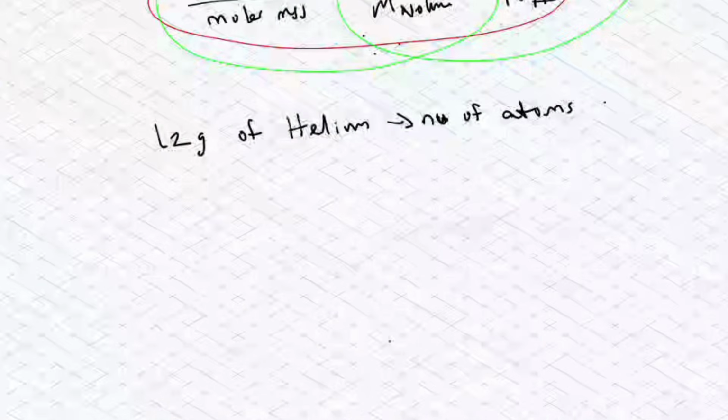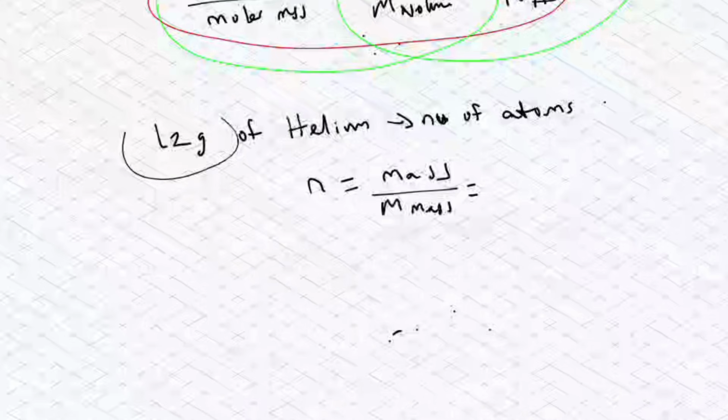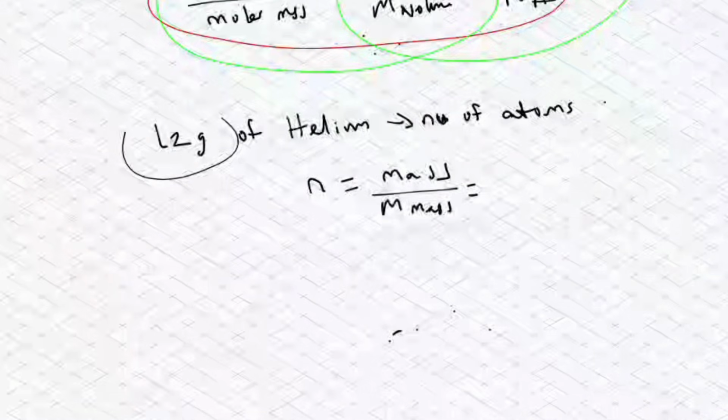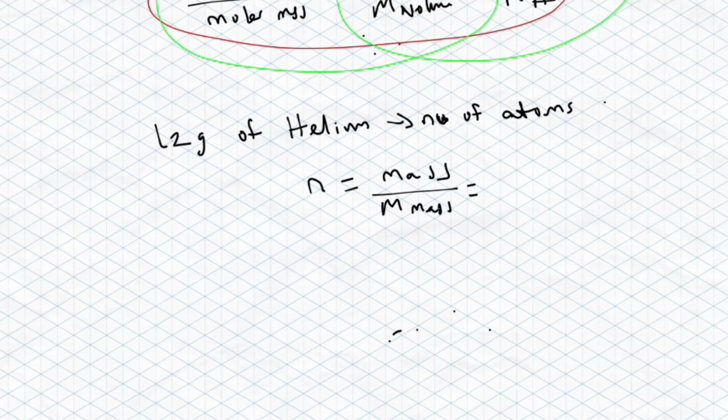Now what are you going to do? Just know that the first step is to know that n is equal to mass over molar mass. So that will be equal to what? What is the mass? 12 grams.